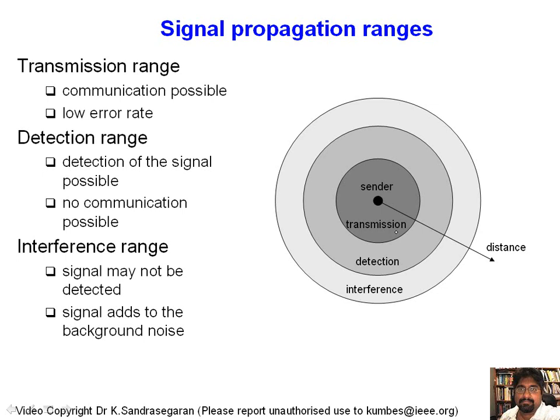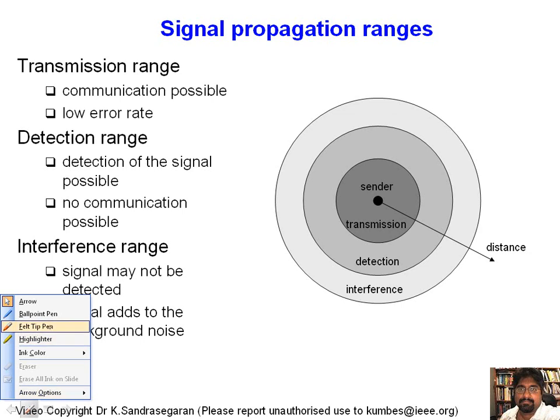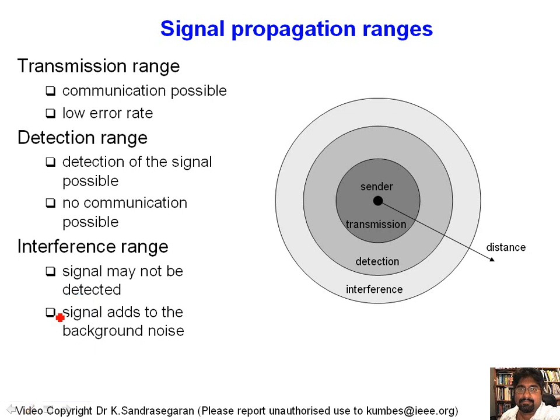Within this big circle, the first circle that you see here is referred to as the transmission range. In this range, it could be a few kilometers.